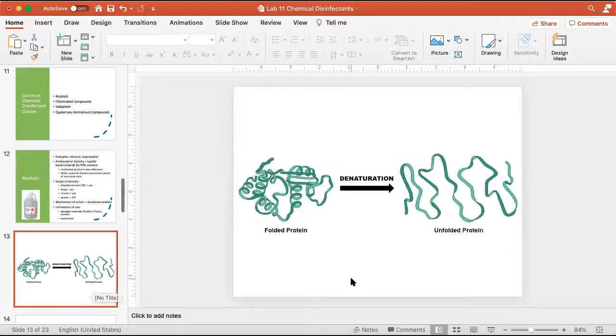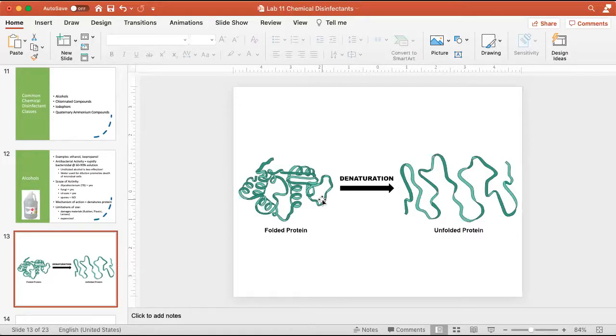On this slide here, there's just a little drawing to reinforce the idea of what denaturing is. Remember, basically, we're talking about unfolding. On the left is a drawing of a folded protein. The green ribbon represents the chain of amino acids. And remember, for most proteins, we're talking about hundreds to thousands of amino acids, side by side, all covalently bound to each other.